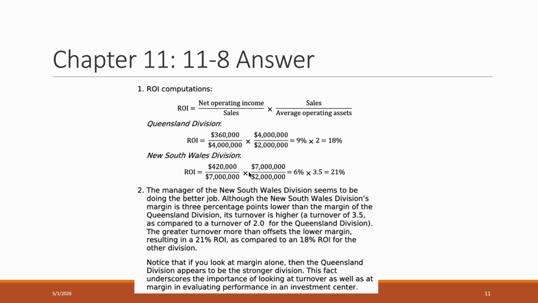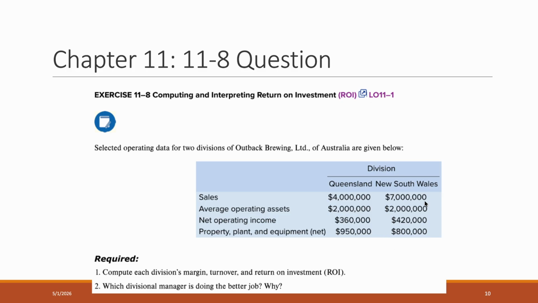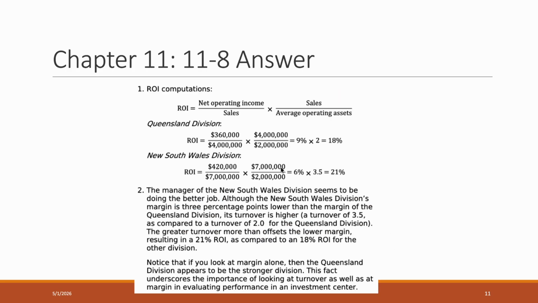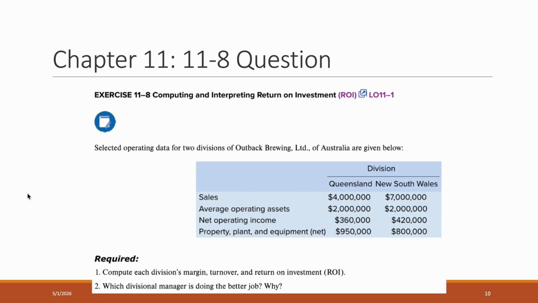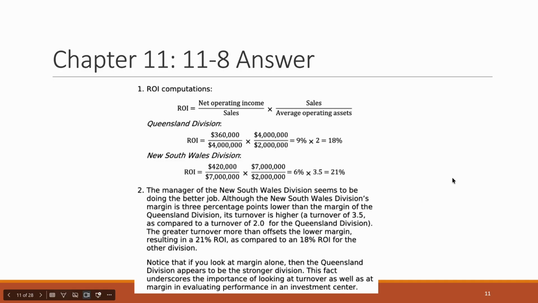In the New South Wales division, using the same exact formula, just plugging in the numbers from the right side of the table here, that gives us a margin of 6% and a turnover of 3.5, which means our ROI is 21%. Now, to answer the question, which divisional manager is doing the better job and why? The manager of the New South Wales division seems to be doing the better job.